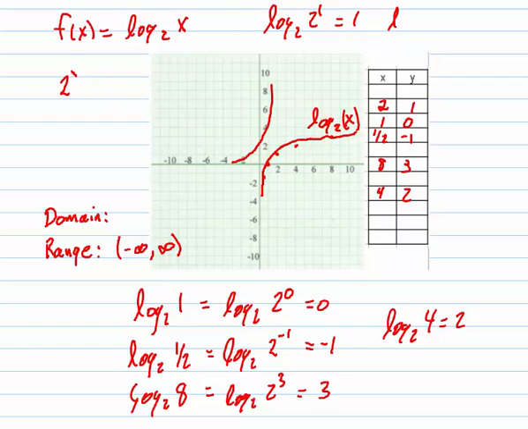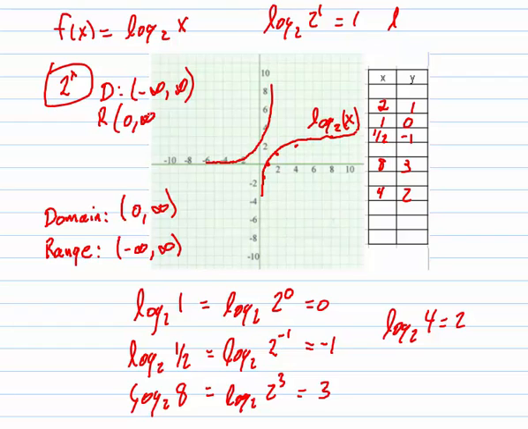2 to the x, it looks like this. It's never negative, so I can't get back there. So the domain is 0 to infinity. And note that this is the range of the inverse of 2 to the x, and for 2 to the x, my domain is from minus infinity to infinity, but my range is 0 to infinity.